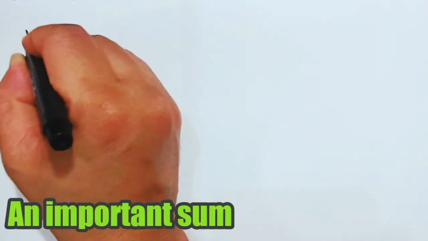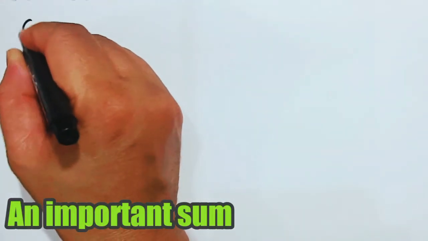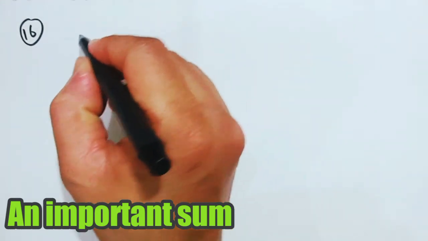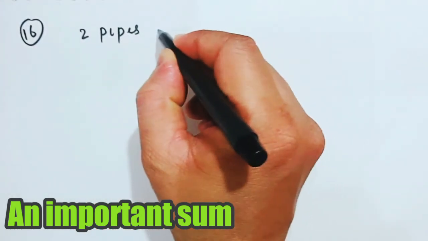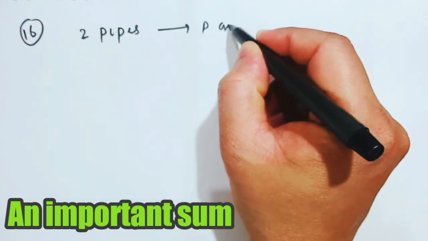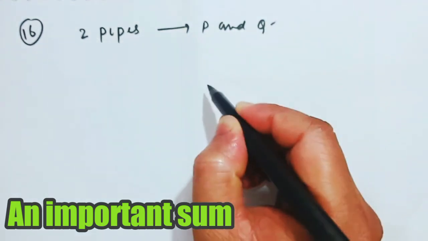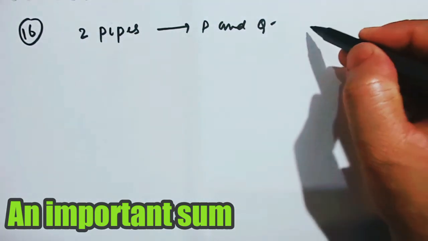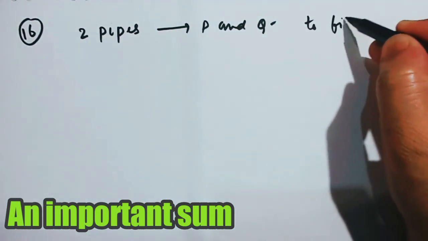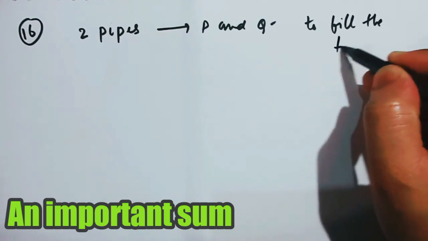Question 16 talks about two pipes, P and Q. These two pipes P and Q are turned on to fill the tank.